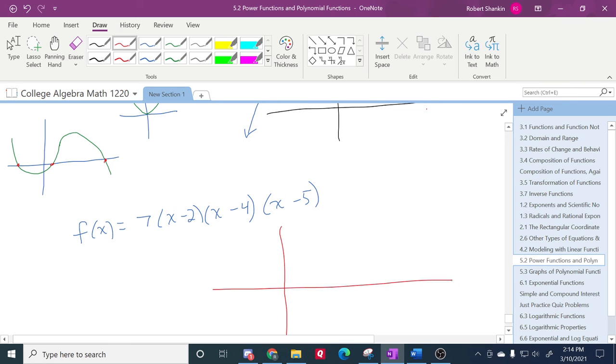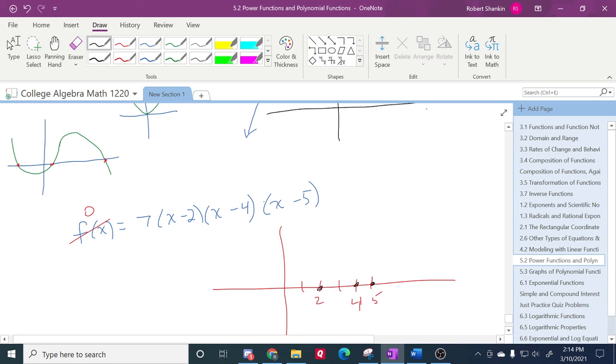to graph it, you'd find the x-intercepts, and they're going to be at 2, and at 4, and at 5. Those are all x-intercepts. That's the third degree. Now we know something about the end behavior of this as well.